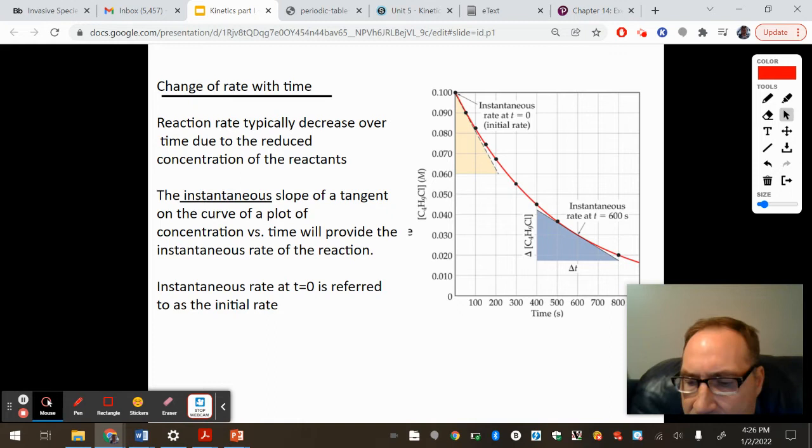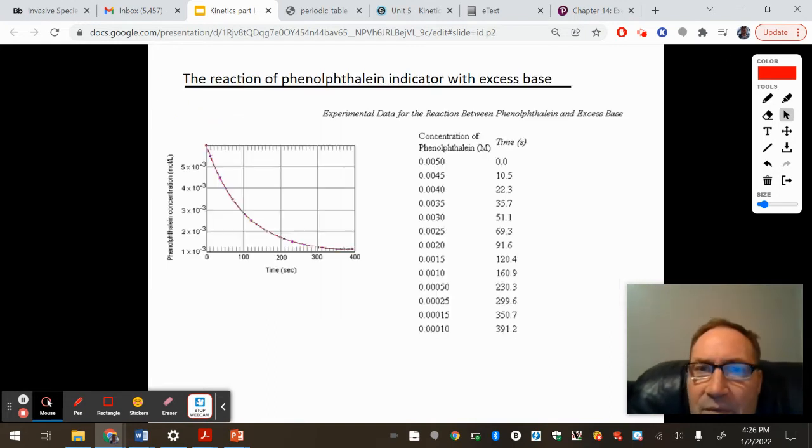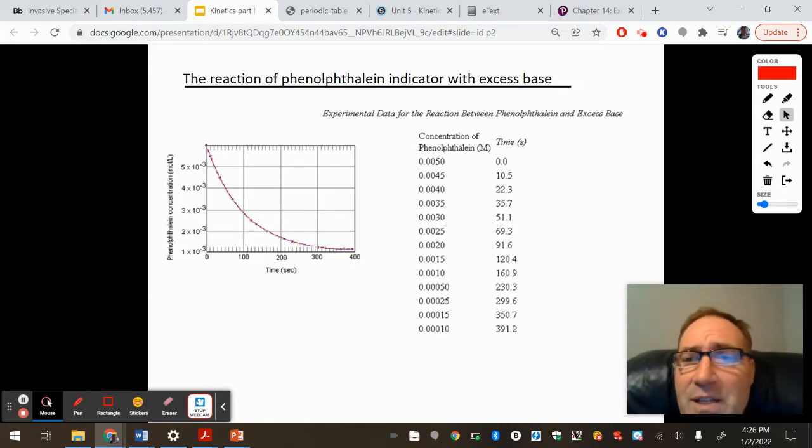Okay, let's keep going. Now here's a couple things with this. This is just a data set, which is very typical of what you would have to do in kinetics. You can see that over time, the concentration changes.